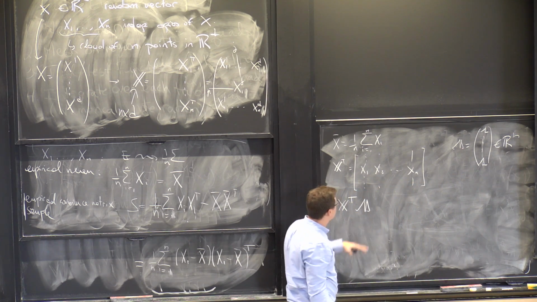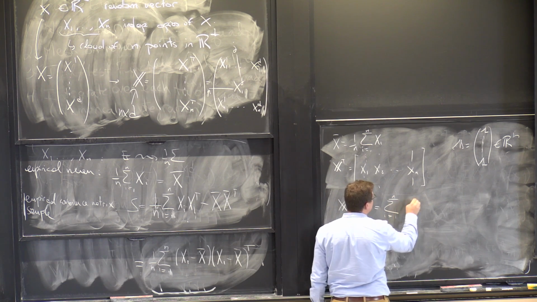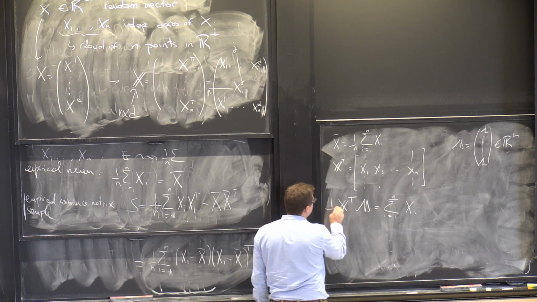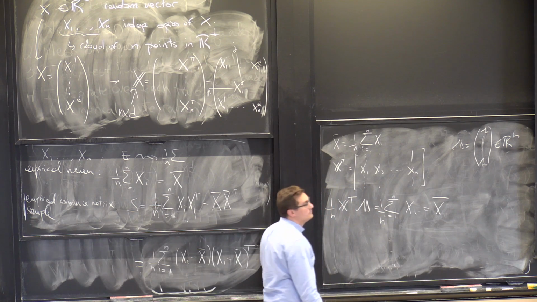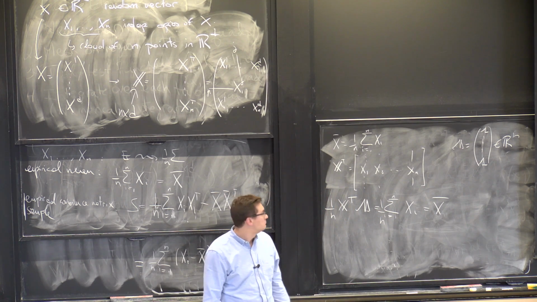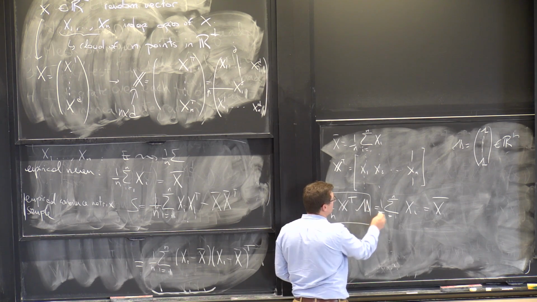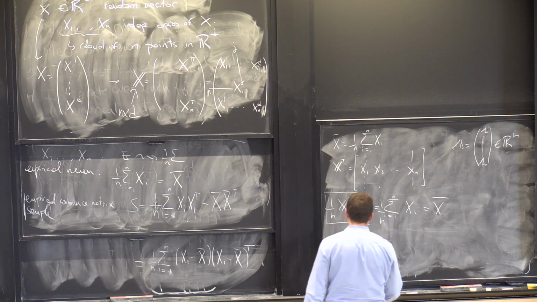And so when I do x transpose 1, what I get is just the sum from i equal 1 to n of the xi's. So if I divide by n, I get my average. Okay? So here I definitely removed the sum term. Let's see if with the covariance matrix we can do the same.